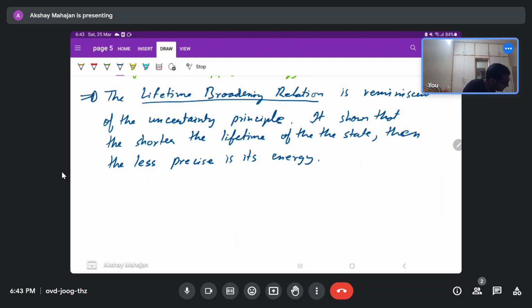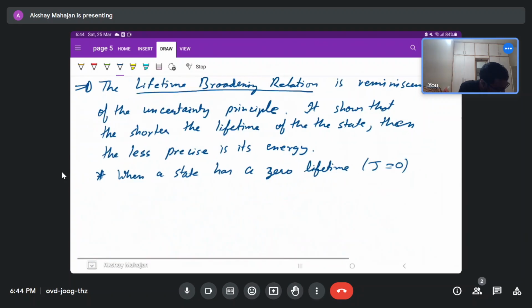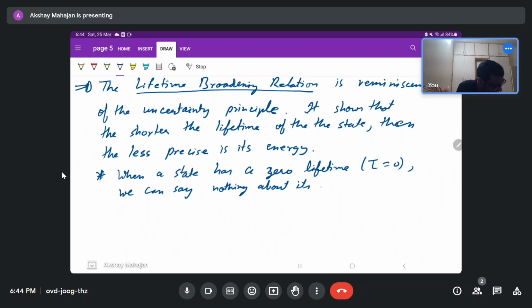So basically from here we can take two points. When a state has zero lifetime, that is, tau is 0, we can say nothing about its energy.